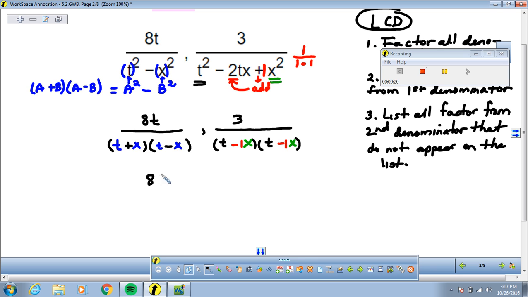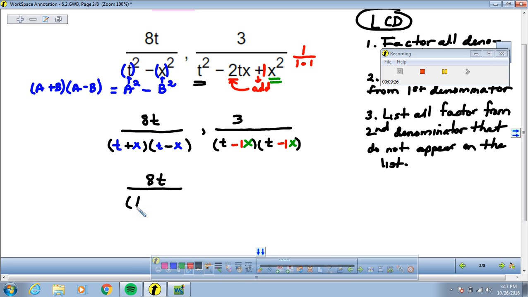So these fractions are going to have the following denominators. t plus x, t minus x on the first denominator, and the second fraction, you're going to have a t minus 1x, which is the same thing as t minus x, and t minus x. Okay?